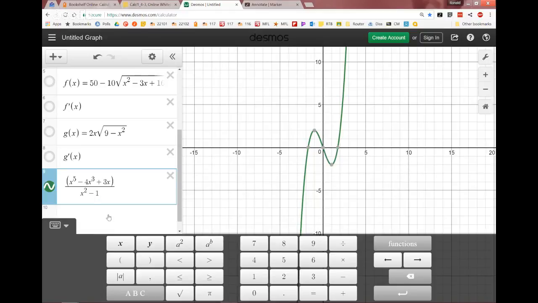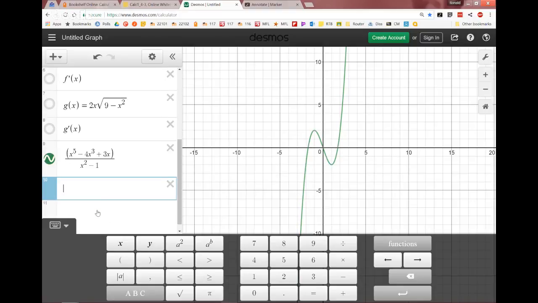Okay, yeah, you won't be able to see this on the graph. So there's the f of x, and the g of x is simply x times the quantity x squared minus 3. And you notice they are identical.